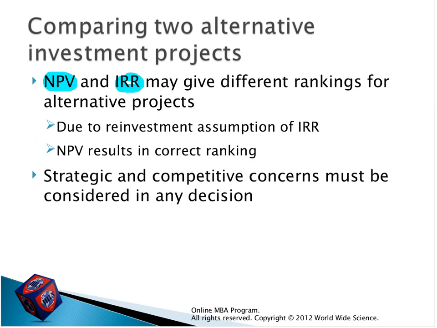The results of accepting or rejecting the project from different methods can be different, due to the reinvestment assumption of IRR. And net present value results in a correct ranking.